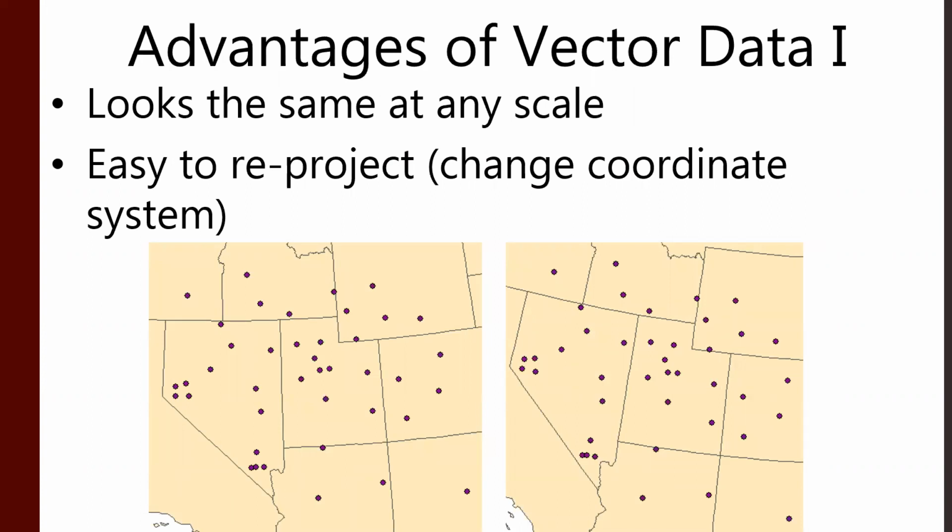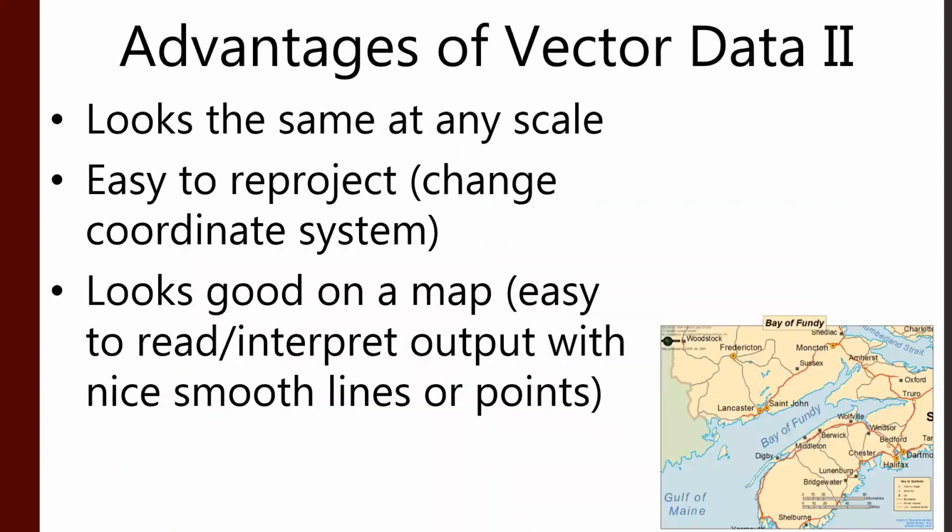Again, it's easy to change the coordinate system. Look, there's the Inner Mountain West. There it is tilted. We can change our coordinate system without any trouble at all. We will practice that later on in the labs.